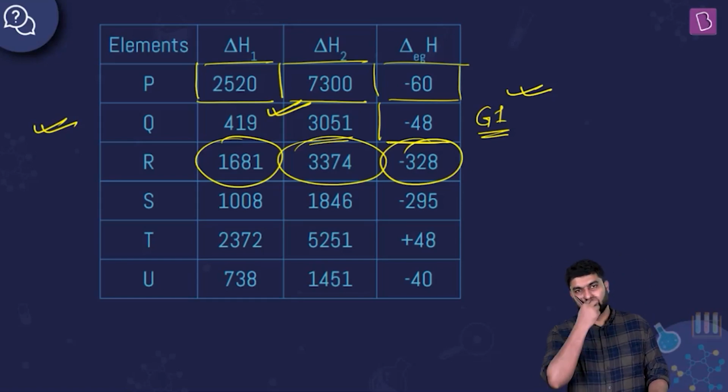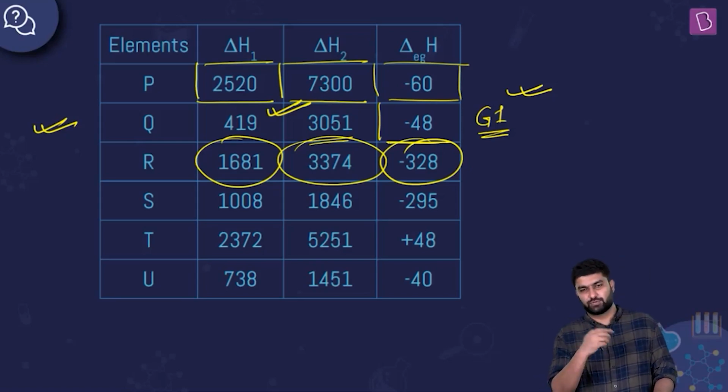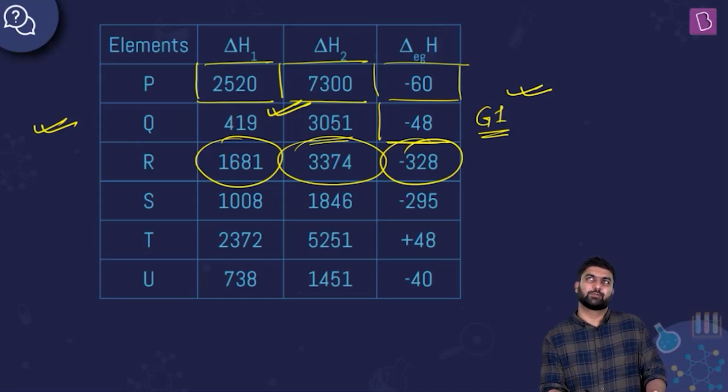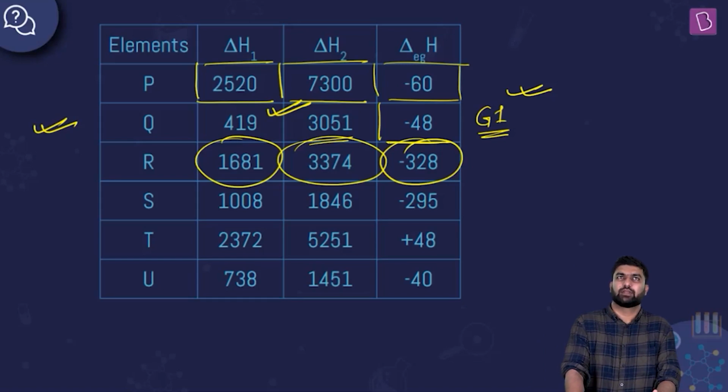It loses an electron, so maybe it is p2. It becomes p1, and then p1 s2. No, p1 s2 should actually be relatively stable. How about p5 becomes p4, p4 becomes p3? No, that is also not sorted here. Maybe it is p4.